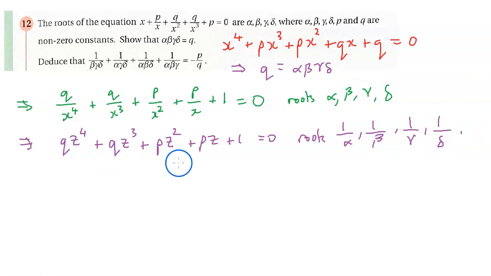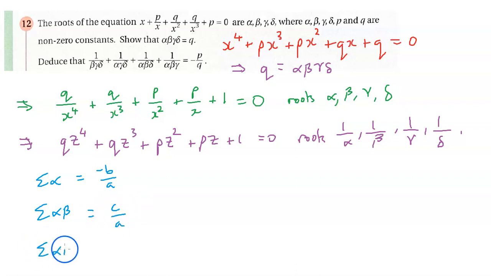And then using our Vieta's formula, we know that the sum of alpha is equal to negative b divided by a, sum of alpha beta is equal to c divided by a, and sum of alpha beta gamma, so the sum of any 3 of the roots multiplied together, is equal to negative d divided by a. And in this case, this is a, b, c, d. So in this case negative d divided by a is negative p divided by q.